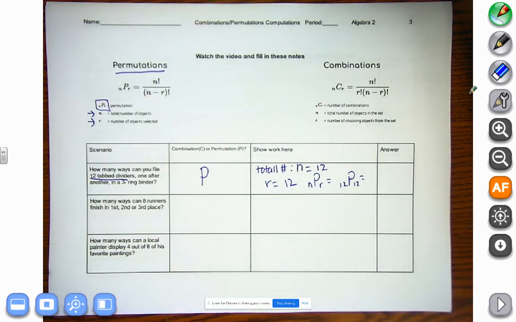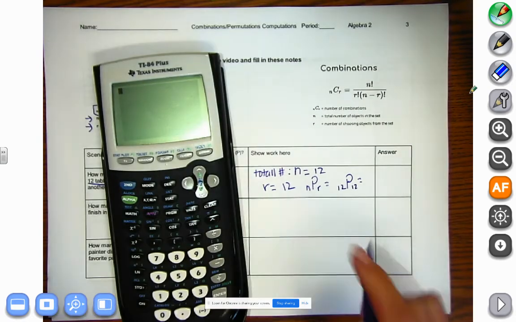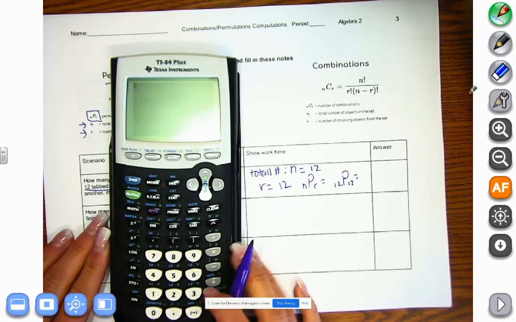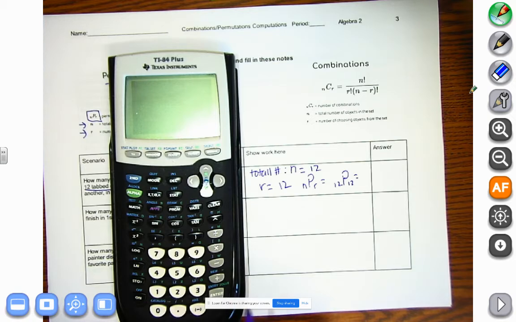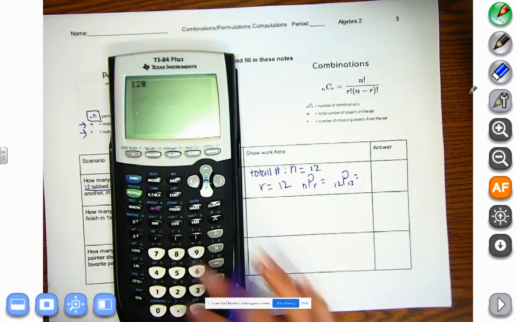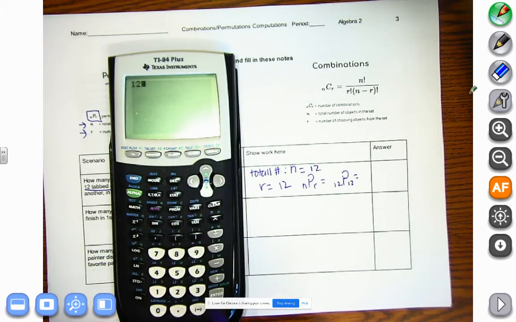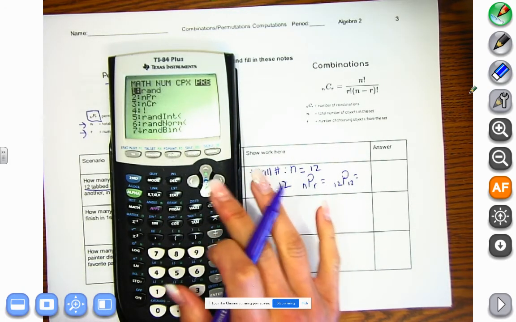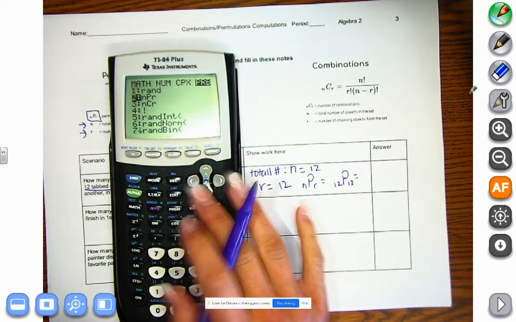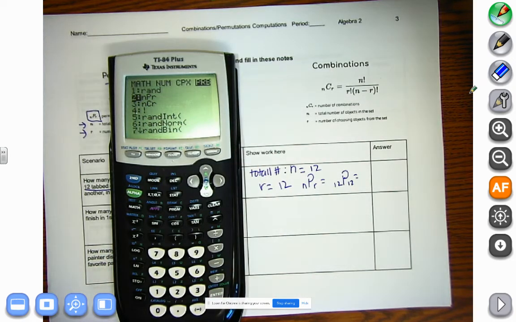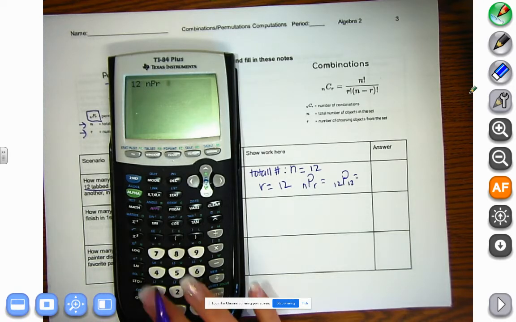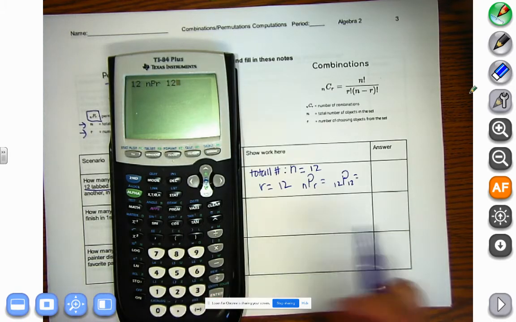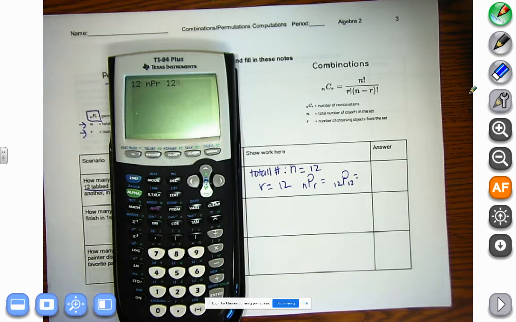Here's where we use our calculator to solve this. You always want to type in your n first, which is 12. Then you use the math key, scroll over to the right to the probability section, and scroll down to the second option, nPr. Click enter, and then enter your r, which is 12. So we're placing 12 dividers into 12 spots.